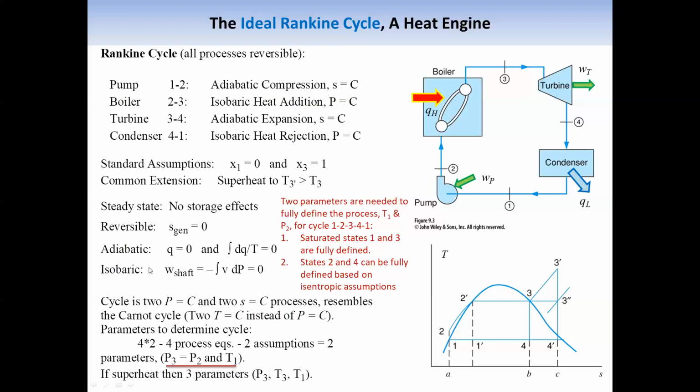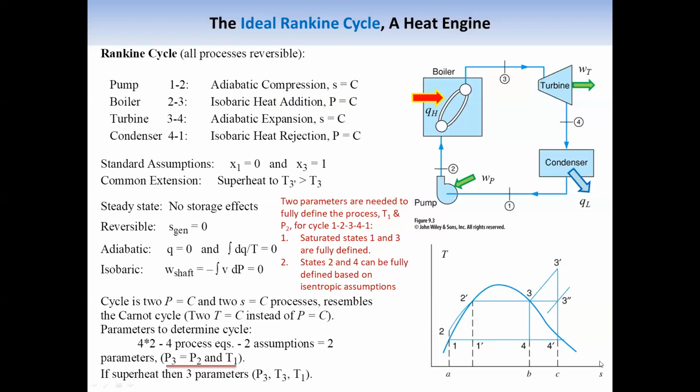Also, it's very important to remember we discussed this in a couple of places, like the last chapter, where we discussed the shaft work for the turbine and the compressor. The shaft work is the integral of VdP.